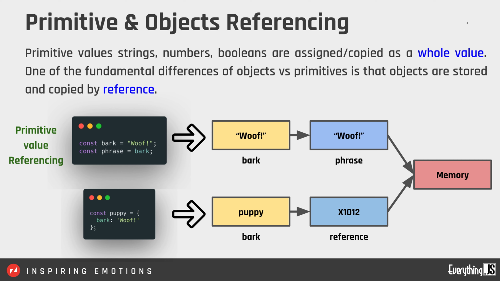The main difference is that with primitive values we store the value itself in memory, whereas with object referencing we store only the memory location inside the memory heap. So you all got that, right? That is called object referencing.